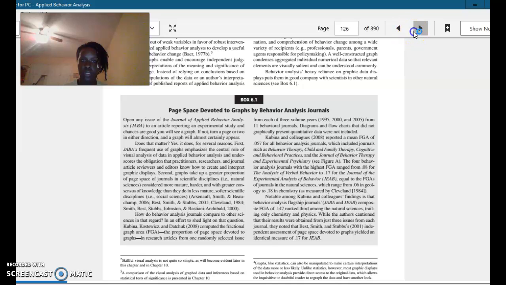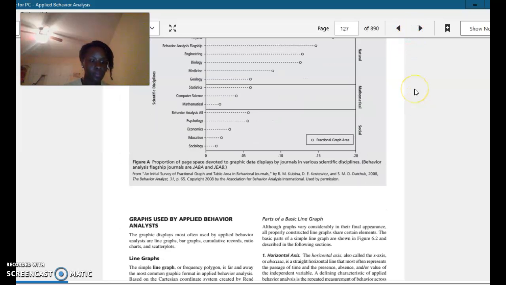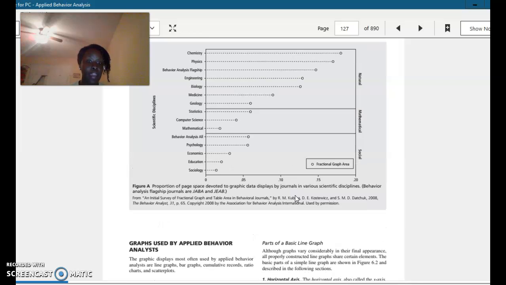So, moving on to page 127. This section says graphs used by applied behavior analysis, and it shows you the different types of graphs that behavior analysts use to record their data.